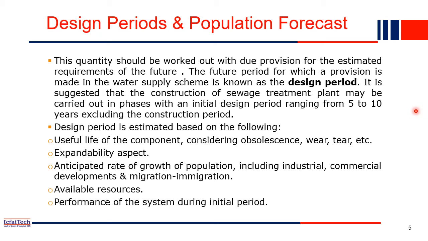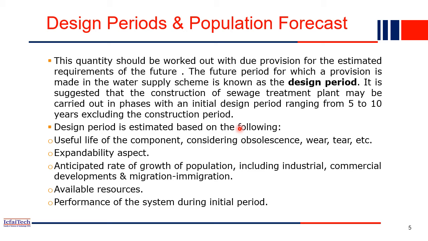Because the cost of construction will be huge here, because the water quality is very bad, right? Compared to what we have done earlier, the water supply. In the water supply part, we are collecting comparatively clean water, and then we are treating it and distributing it to the households. But in this wastewater treatment plant, we are collecting the wastewater, right? That means the quality of water is very bad here. So the treatment process also will be very costly.